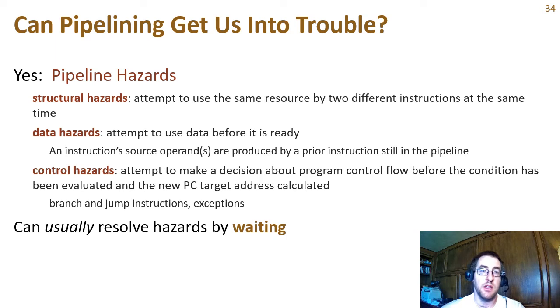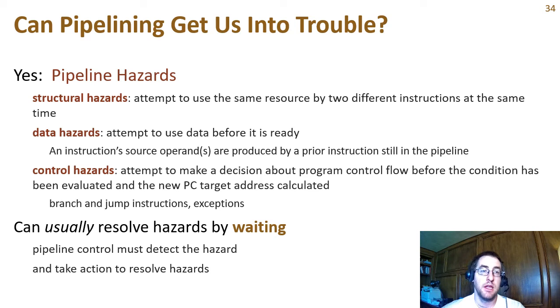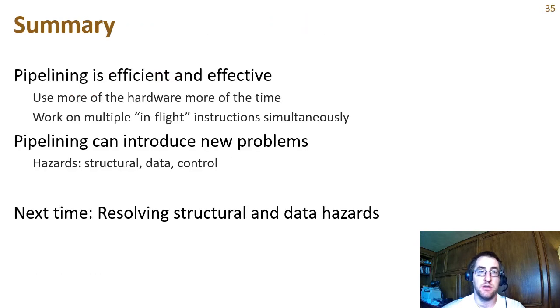You can often resolve these hazards by waiting. You can't resolve exceptions by waiting. The pipeline control has to be able to detect the hazard in order to determine that it should wait, and then take some action to resolve the hazard.